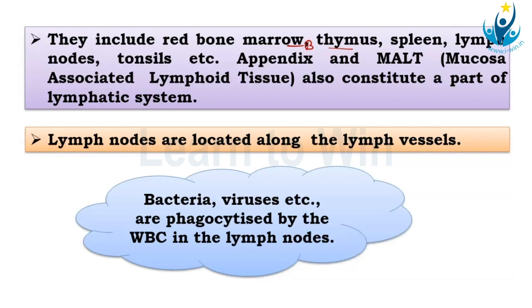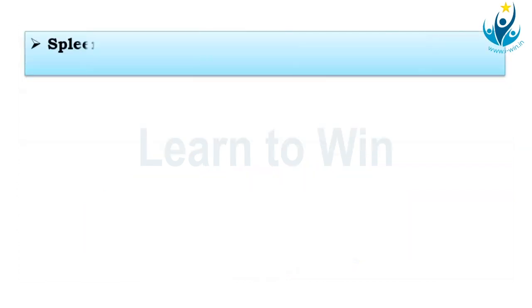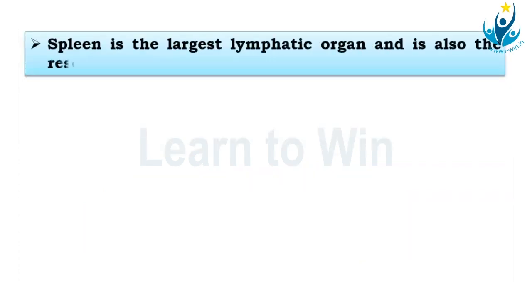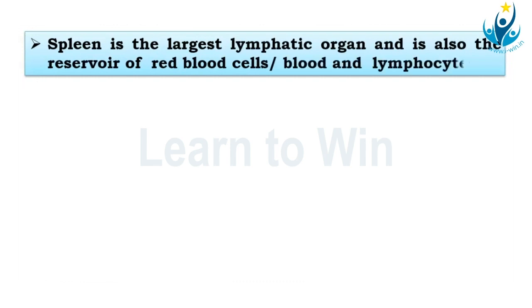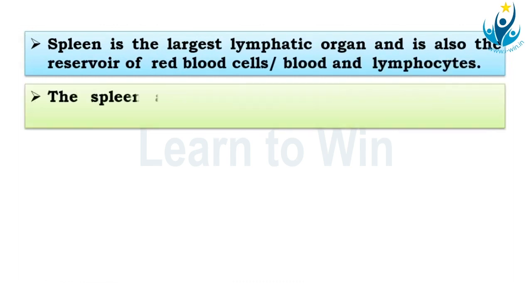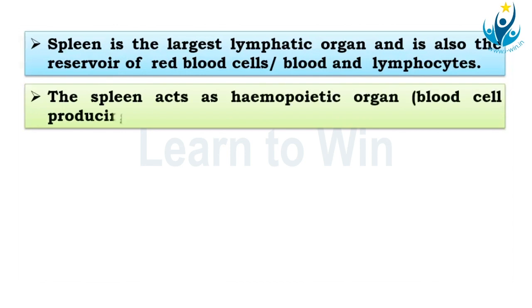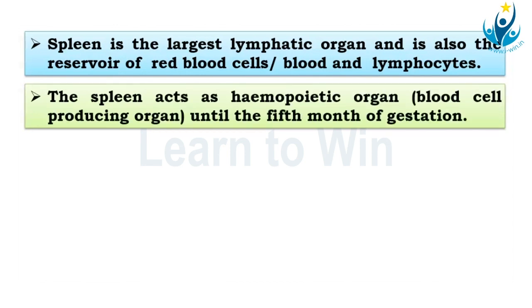Another thing you have to understand is the spleen, which is the largest of the lymphatic organs, and it is the reservoir of RBC and lymphocytes. Lymphocytes are cells which are moving in the lymph.